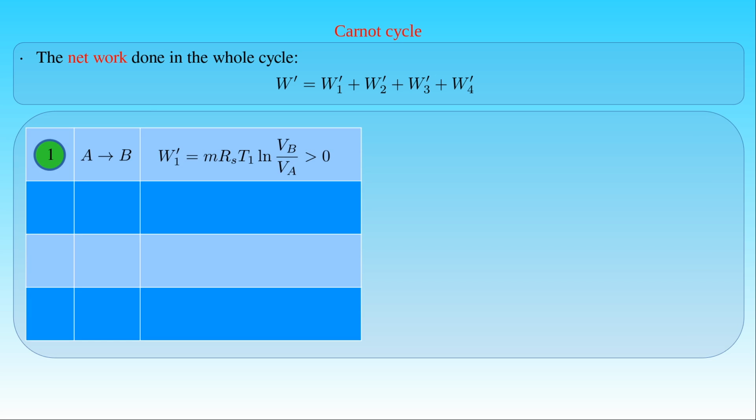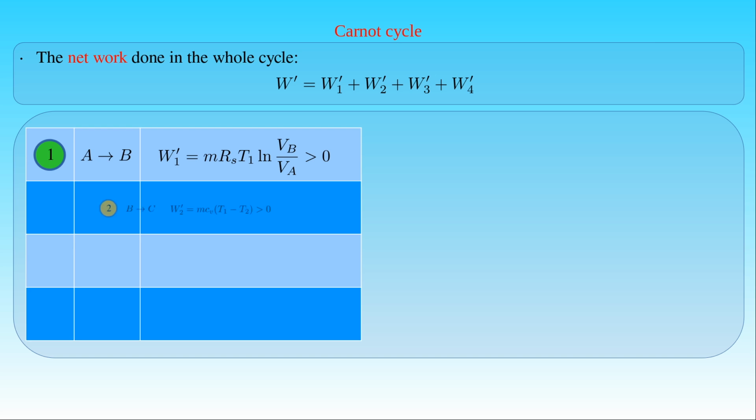In the first process, where the gas is brought from the state A to the state B in an isothermal expansion at the absolute temperature T1, the work W'1 is equal to the mass m of the gas, times its specific gas constant Rs, times its absolute temperature T1, times the natural logarithm of the ratio of its final volume Vb to its initial volume Va. This work done by the expanding gas is positive.